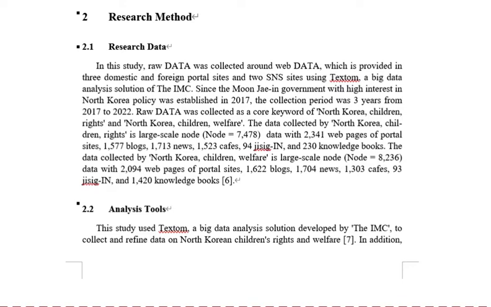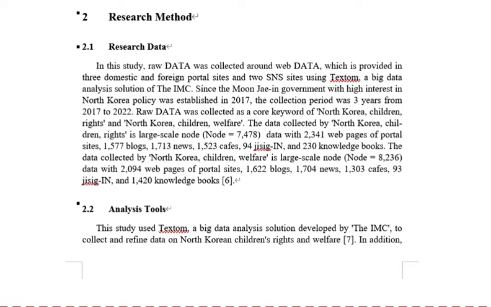Since the Moon Jae-in government, with high interest in North Korea policy, was established in 2017, the collection period was 3 years, from 2017 to 2022. Raw data was collected with the core keywords of North Korea children's rights and North Korea children's welfare.